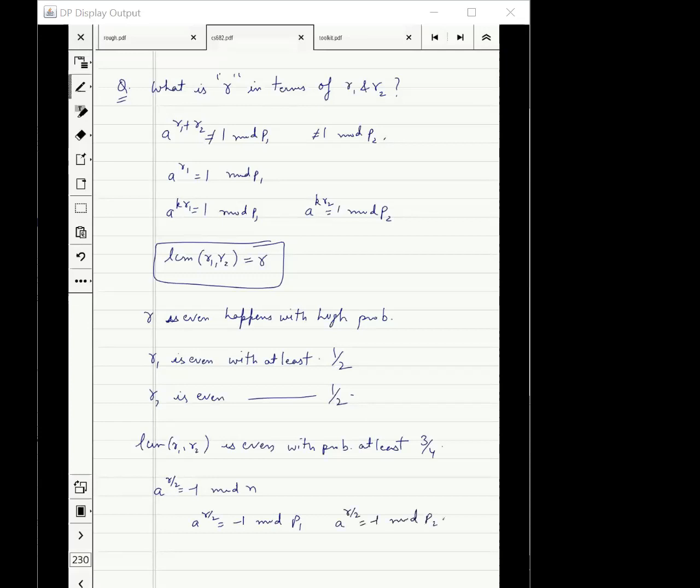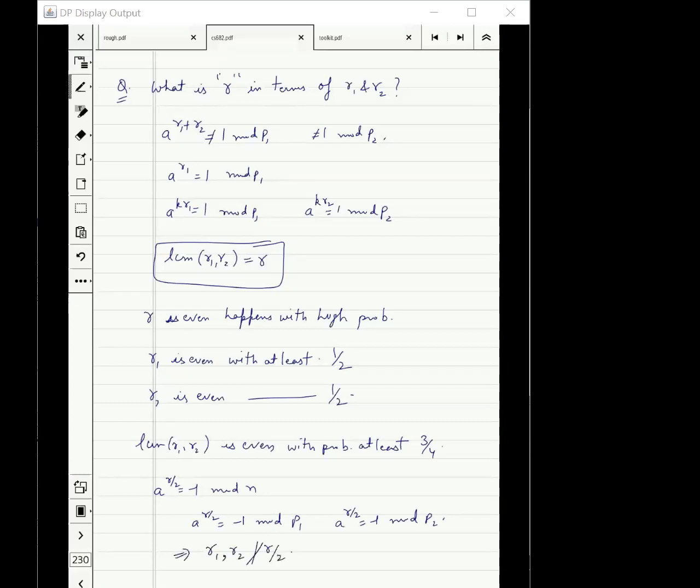But then it is going to impose conditions on R1 and R2, which implies that R1, R2 do not divide R by 2.